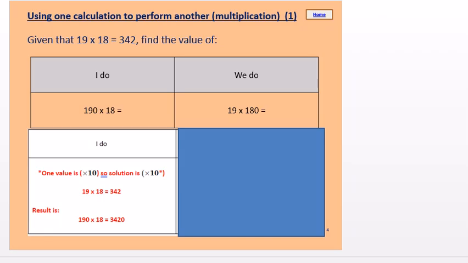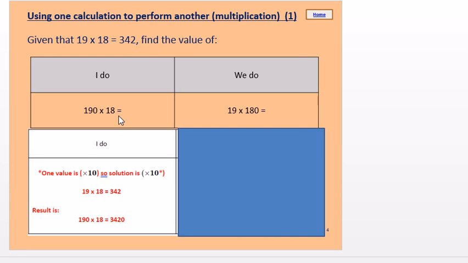Okay, so for the first question, the first I do and we do. We've got 19 times 18 equals 342. And it asks us to find the value of 190 times 18. So, if we compare the calculation in the I do with our base calculation, 190 times 18, you'll see that 190 is 10 times bigger than 19, and 18 is the same as the 18 above.